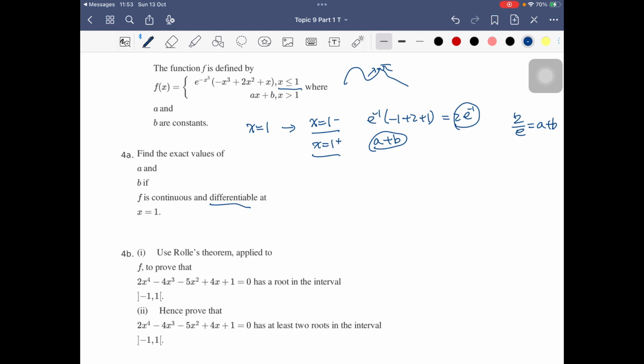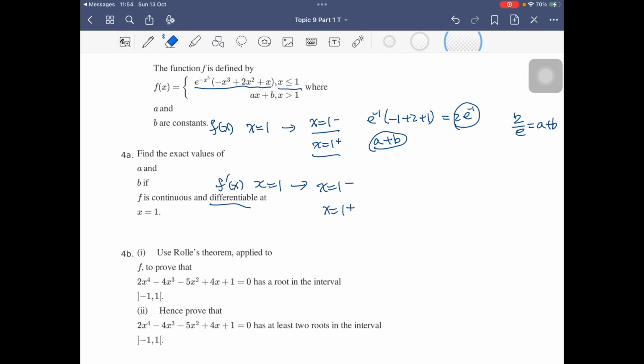Now differentiable is again the same, but f prime of x should meet at x equals 1, from the left side and from the right side. So on the left side, we need to find the derivative of that.